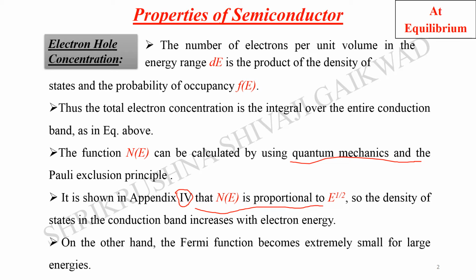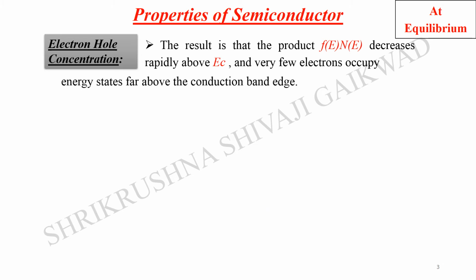On the other hand, the Fermi function becomes extremely small for large energies. The outcome is that the product of f(E) and N(E) decreases rapidly above EC. Suppose this is the conduction band, this is the valence band, and the Fermi energy level lies somewhere here.